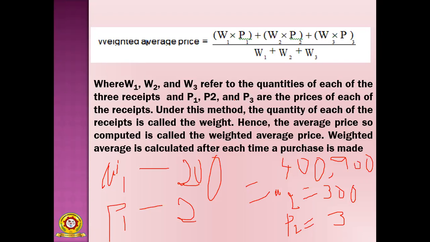So 200 plus 300 plus 200, that is 700. So 400 plus 900 plus 600, that is 1900, by 700. So 1900 by 700 is the weighted average price. Then you have to calculate 1900 by 700.